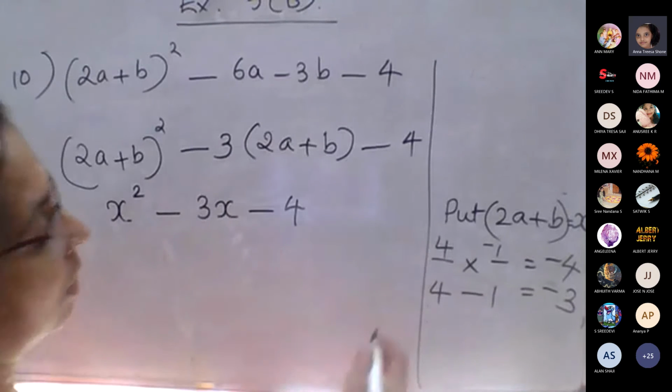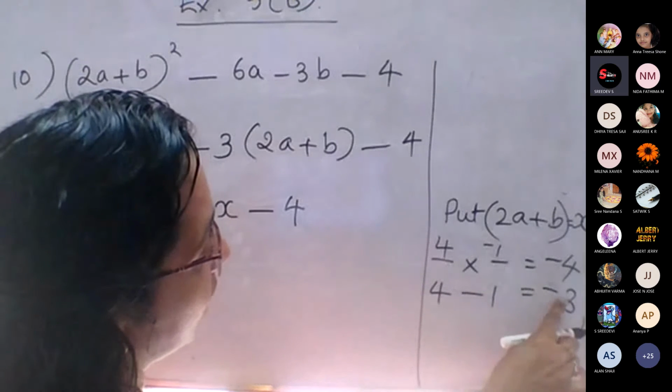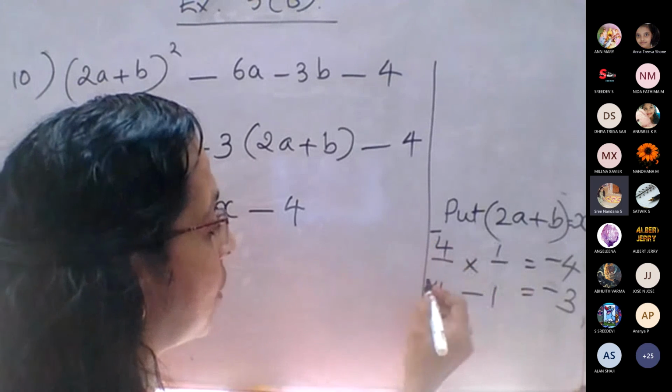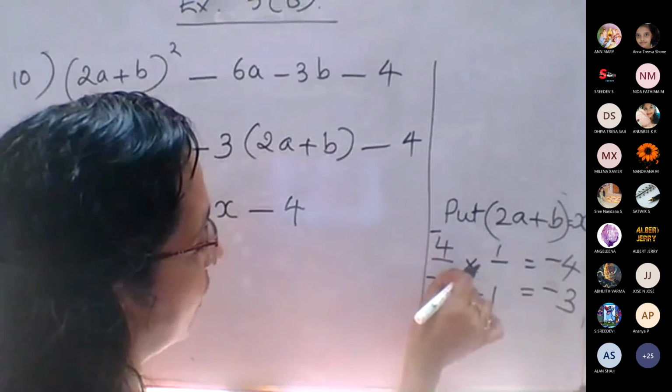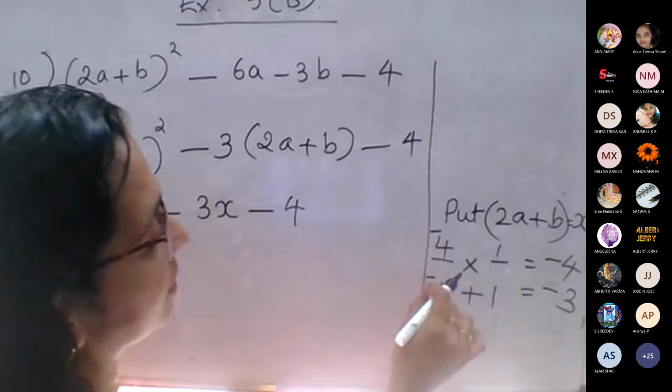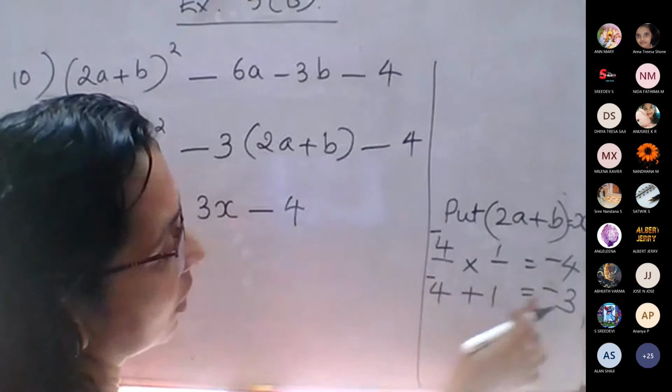Negative 3 is the answer, not positive 3. So adjust: 4 into 1, one sign is positive, the other sign is negative. Subtract and put the bigger number's sign. The bigger number is 4, so negative sign.